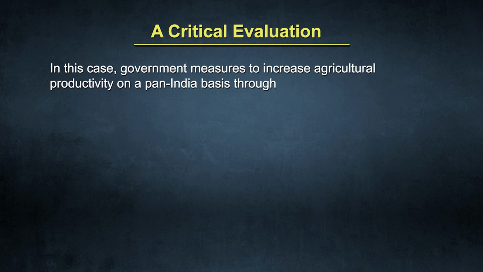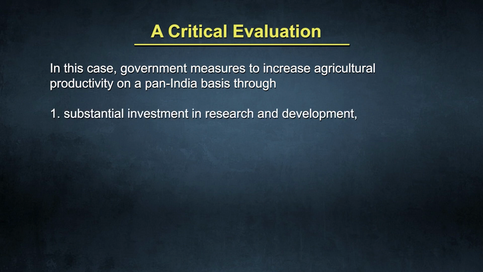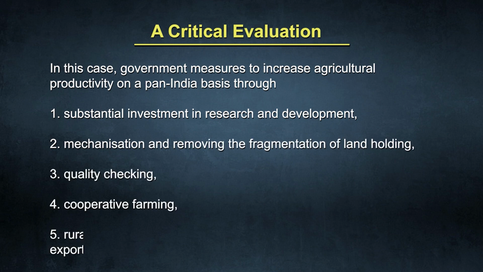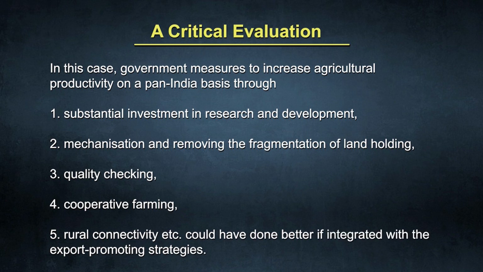So, in this case, government measures to increase the agricultural productivity on a pan-India basis through substantial investment in research and development, quality checking, mechanization, and removing the fragmentation of landholding, cooperative farming, rural connectivity, etc., could have done better if integrated with the export promotion strategy.